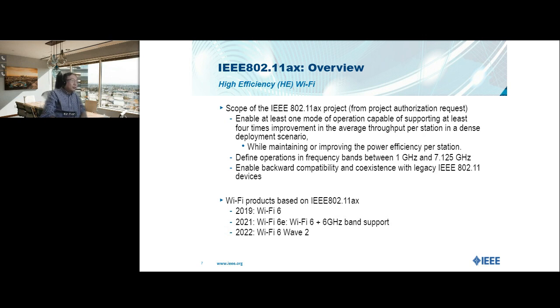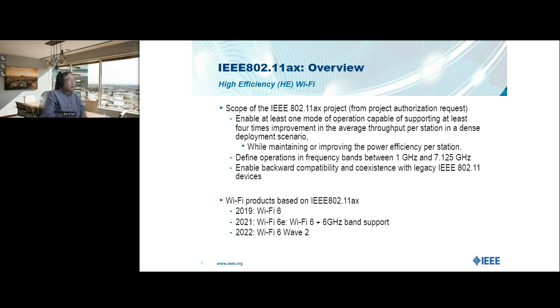So, as I mentioned, the WFA, which is the Wi-Fi Alliance, bases its product certification on the IEEE 11ax standard. There is something called Wi-Fi 6, which is the first wave, Wave 1, of the Wi-Fi 6 features, launched in 2019.